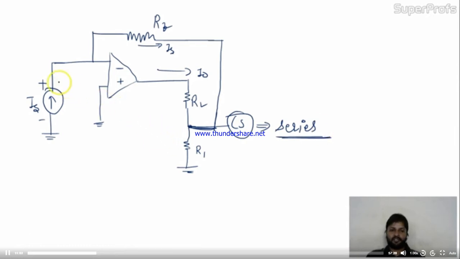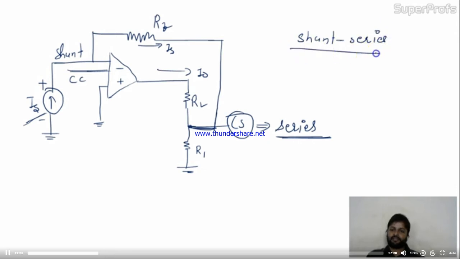And at the input stage, the current source is applied to the negative terminal. So the negative terminal, I told you earlier, will be shunt or current control. So this topology is shunt series. This is shunt series. Okay, friends.